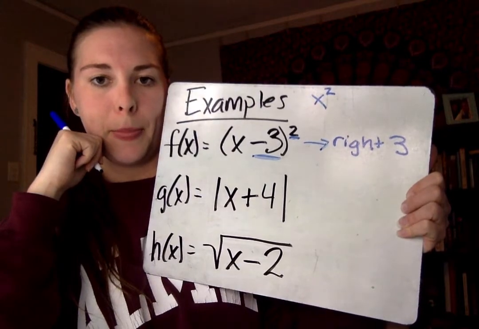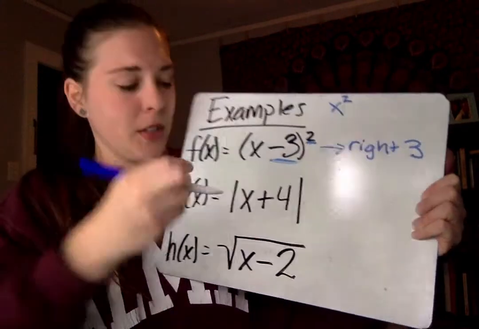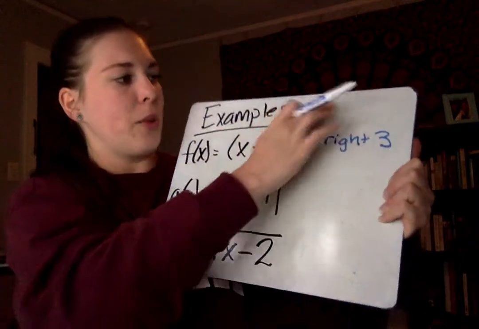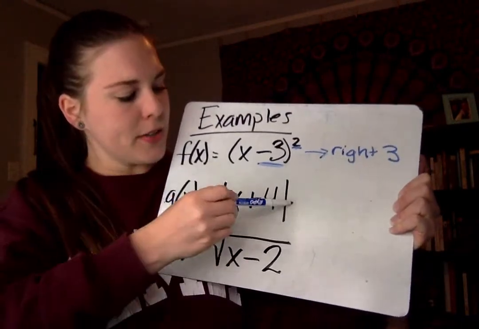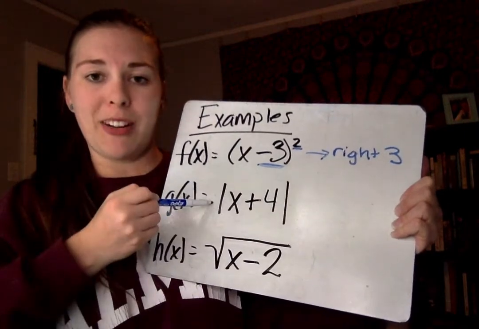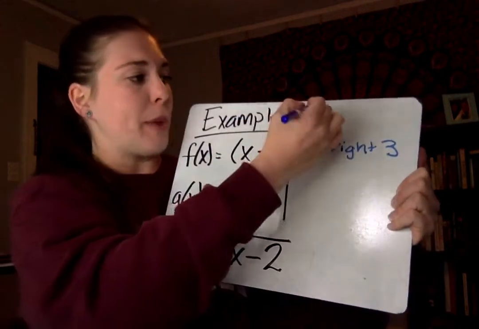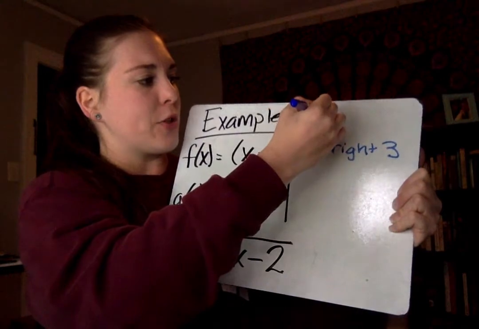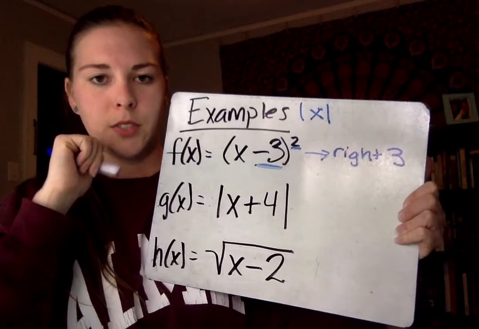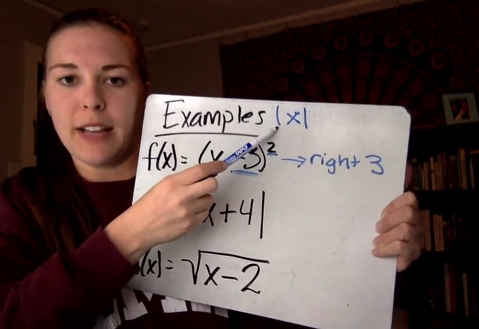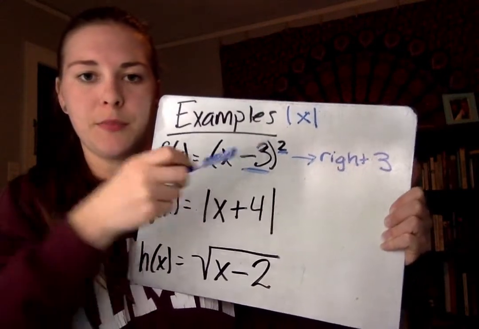Okay. Let's take a look at the second one. So here, again, we're looking at which parent function does this look the most like. Since I see these bars, that's a giveaway that we are talking about an absolute value function. And remember, the original function for that just looks like this. So then we ask ourselves, what has changed from here to here?